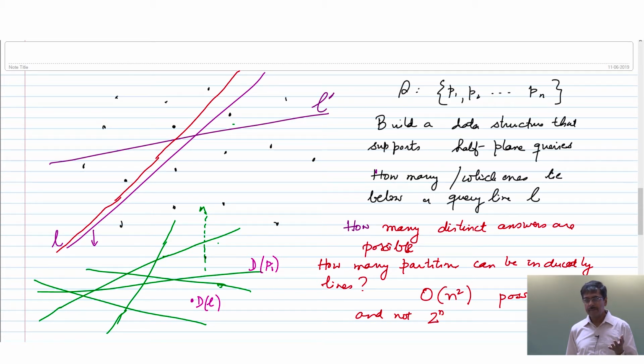Okay. So, from the problem of finding which points lie above a certain line, we can, using the dual transform, reduce to a problem where which lines lie above a query point. And now you can actually go back to the previous solution.